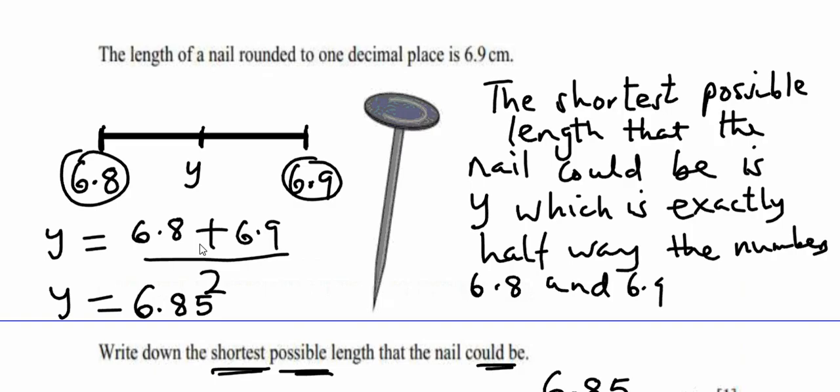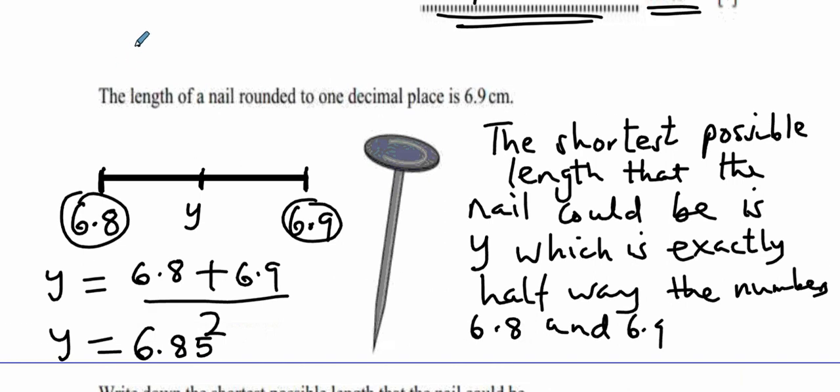If 6.85 is the shortest possible length the nail could be, let us try to round this number to 1 decimal place and see if we get 6.9. Can we check if, when rounded to 1 decimal place, it will give me 6.9?